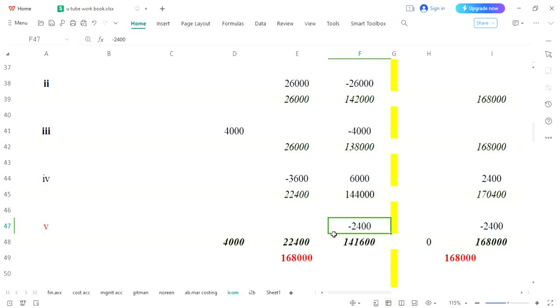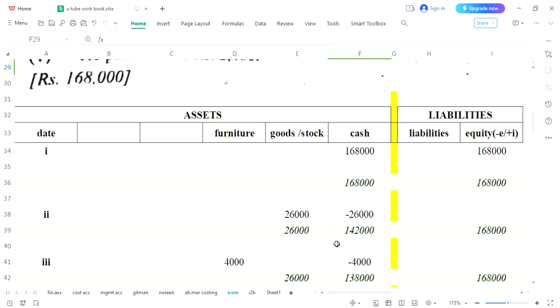The only request is you will have to learn how to calculate these sums. Otherwise, simple is you will see asset is increasing or decreasing. Now, if these two columns are empty, don't worry about that. It's absolutely okay. If you are doing it by yourself, obviously you can start from here as date and leave these two columns.